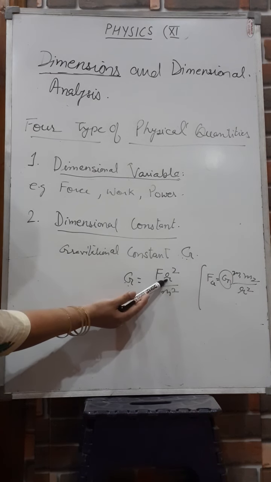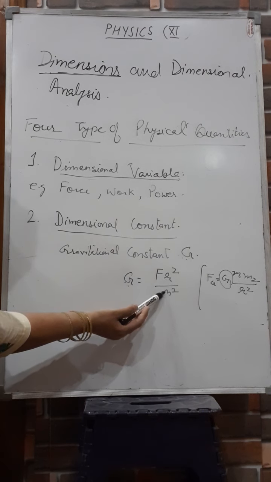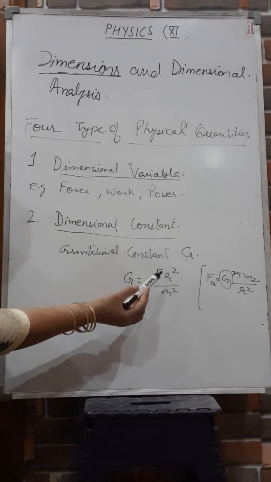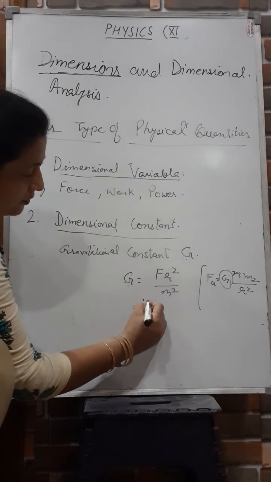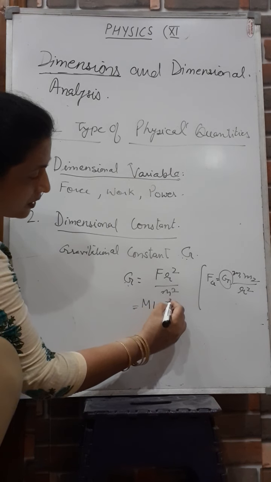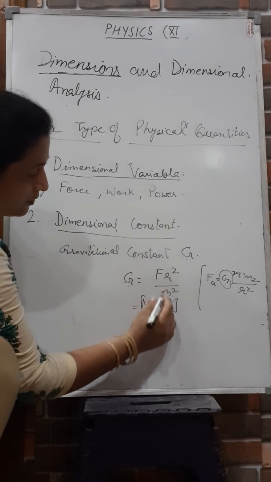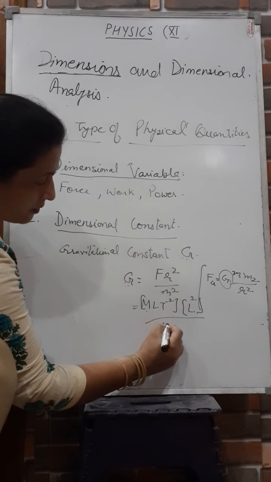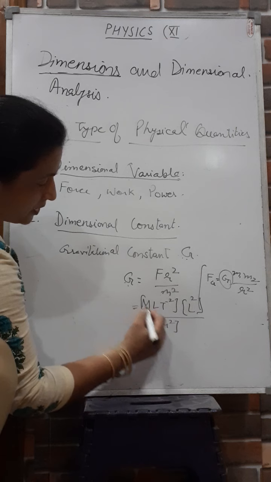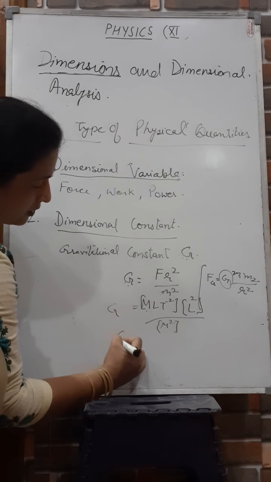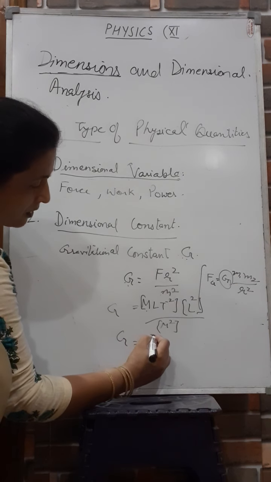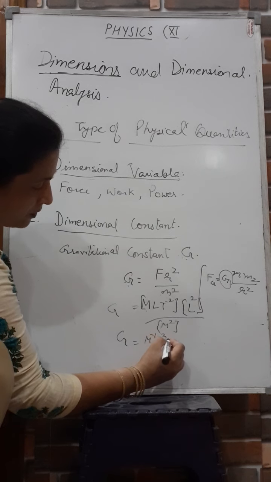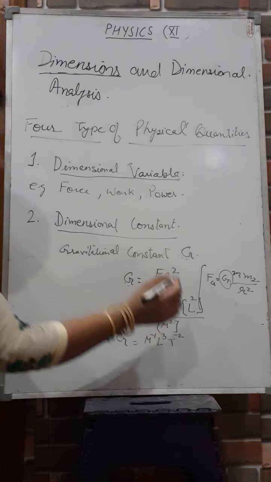So the dimension of this gravitational constant you can calculate by using this. R is radius, so length, M is mass, M. F we have already calculated, it is MLT minus 2. We have found the dimensions, L square upon M square. So the dimensions of G are M minus 1 L cube T minus 2.